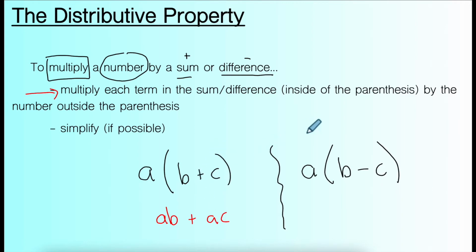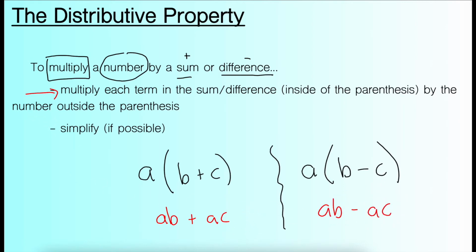It works the same way if you're subtracting inside of the parentheses. This is saying A multiplied by this whole expression, A times B and A times C. So we could rewrite this as A times B minus A times C, and they mean the same thing.